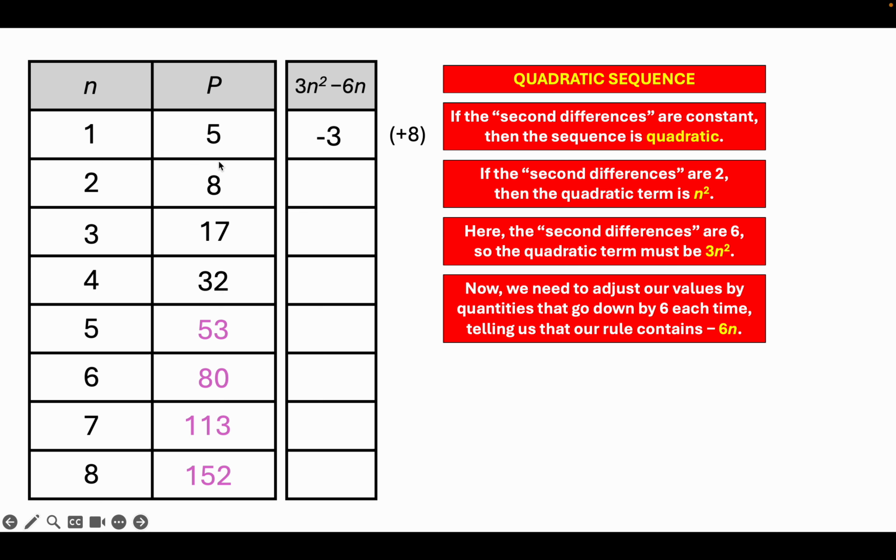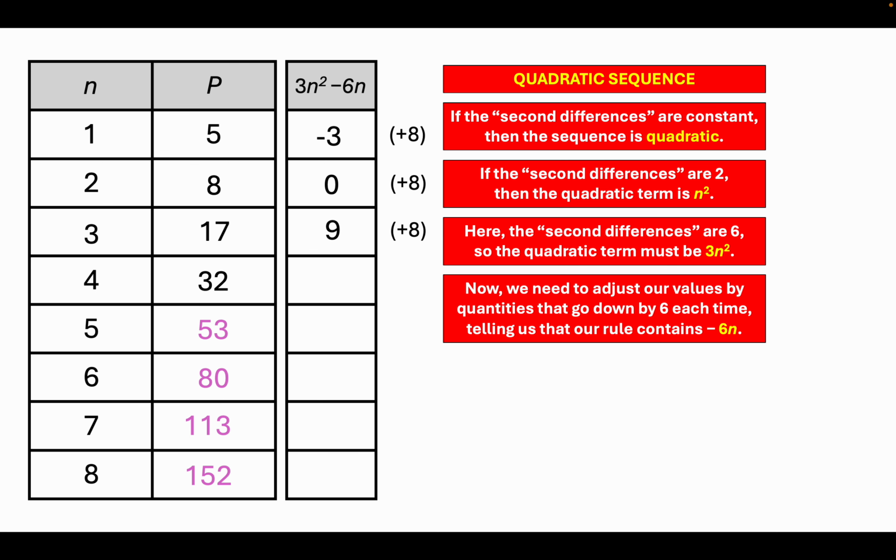Next term, 3 times 2 squared minus 6 times 2 gives me 0. Now 0 isn't the term that I want to get an 8. So to get to the term that I want, I'd need to add 8 to that. Third one, 3 times 3 squared minus 6 times 3 is 9. Now the number I actually want is 17, so I'd need to add 8 to that.